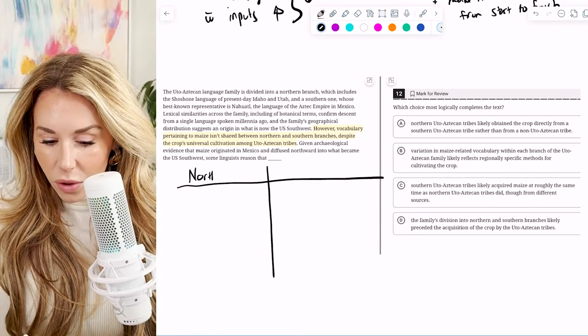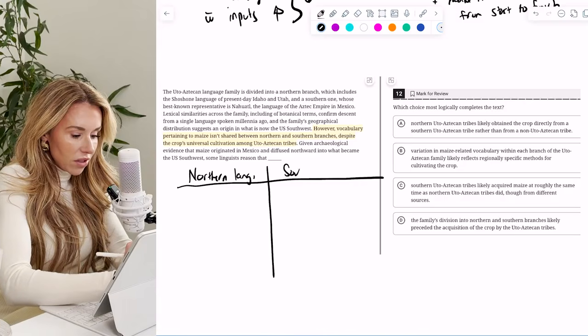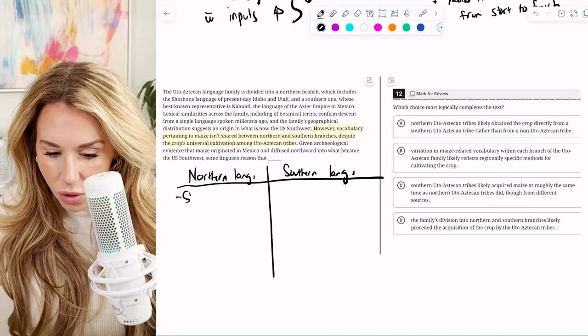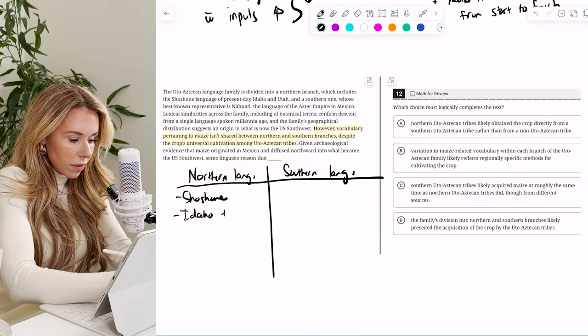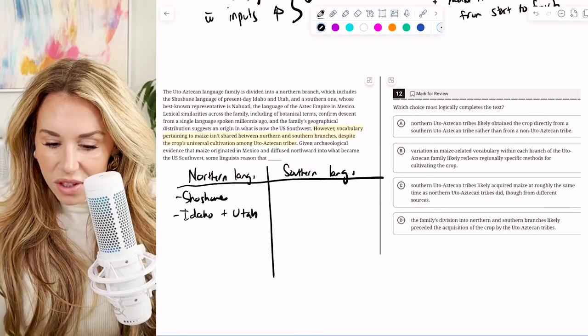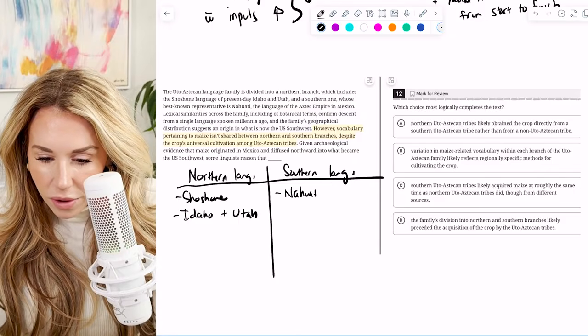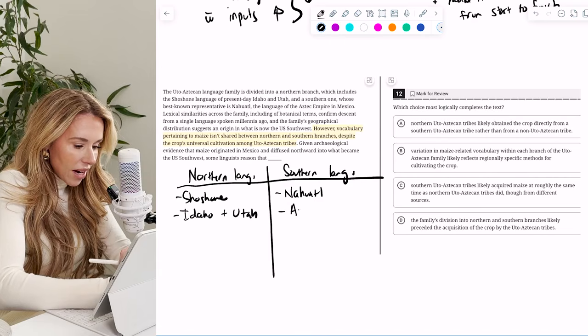So we've got a northern language, and it sounds like we have a southern language. So the northern one is the Shoshone. It's in Idaho and Utah. The southern one is Nahuatl, and it's from the Aztecs in Mexico.